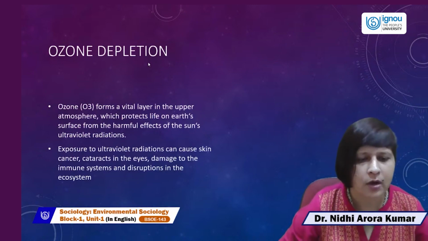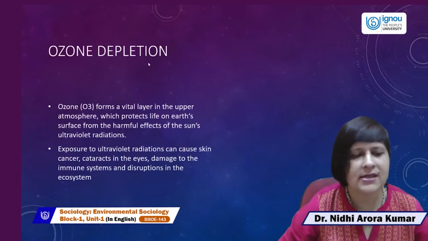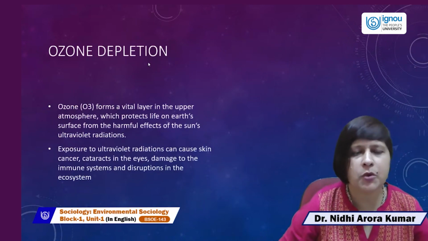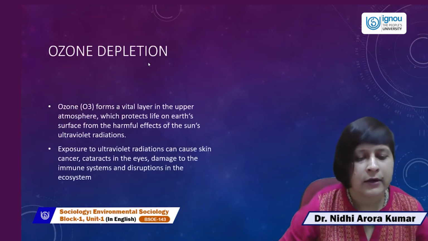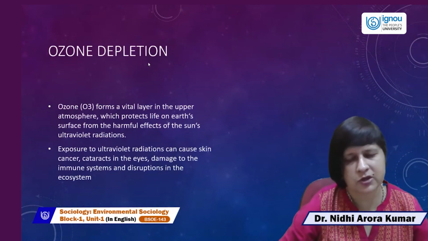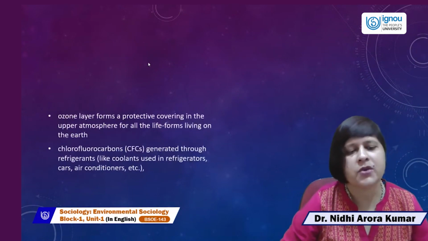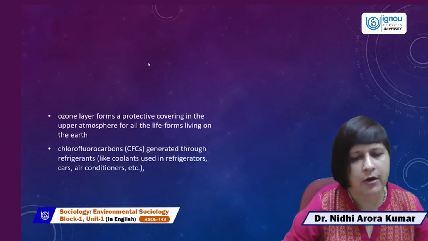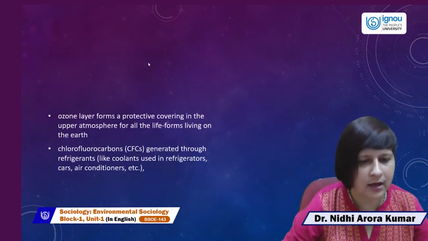Exposure to ultraviolet radiation can cause skin cancer, cataracts in eyes, damage to the immune system, and disruptions in the ecosystem. The ozone layer forms a protective covering in the upper atmosphere for all life forms living on the Earth.